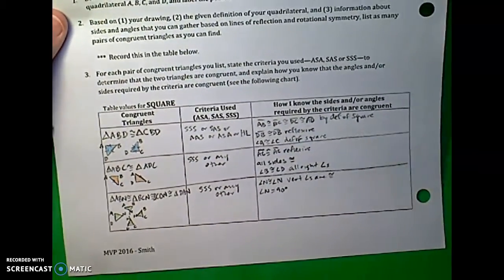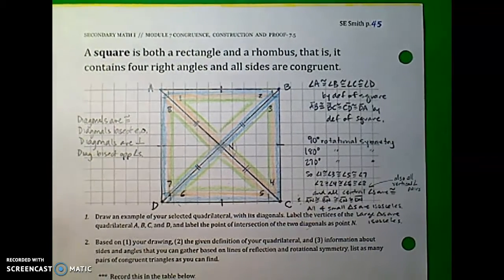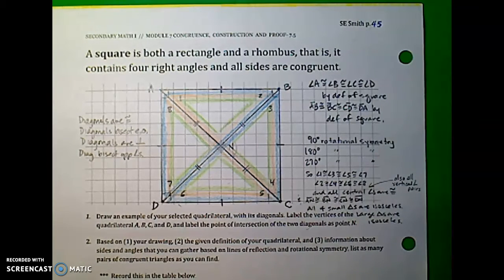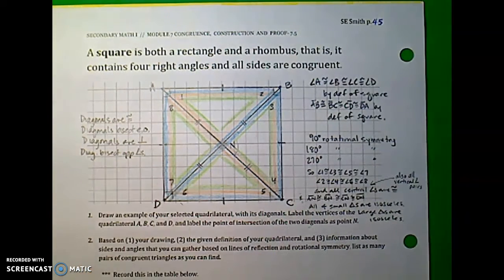Alright, so hopefully that makes sense. Basically, in these 3 shapes that we've done, we've shown that with rotational symmetry and reflections, or lines of symmetry, and what we know about isosceles triangles, we can prove or confirm that all these properties are true for these shapes.